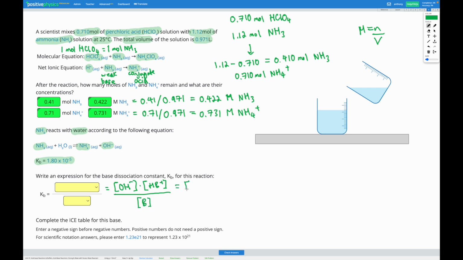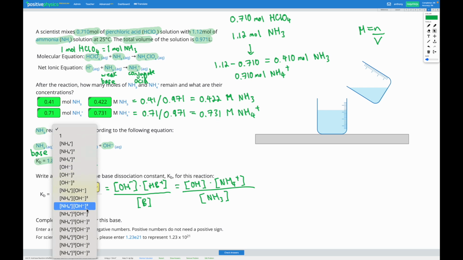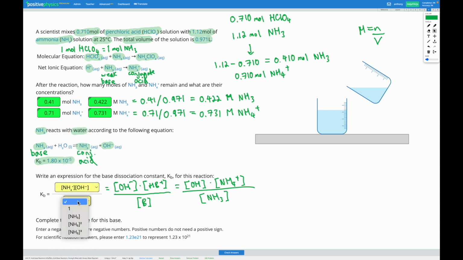So let's put in our formulas for this problem. The conjugate acid is going to be NH4 plus, and the base is NH3. So we can go ahead and fill that in here. We've got OH minus and NH4 plus on the top and NH3 on the bottom. Awesome.